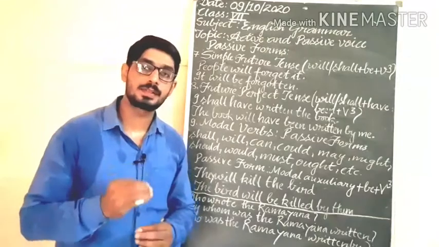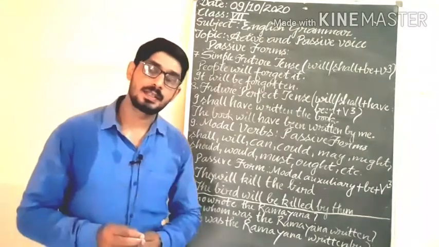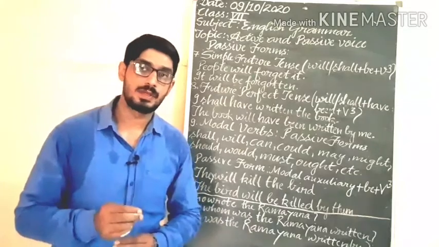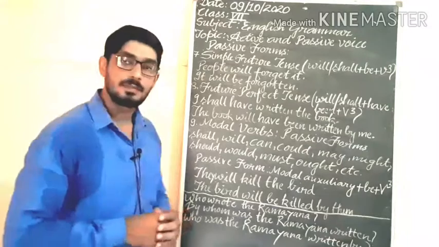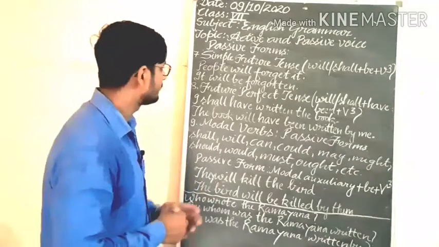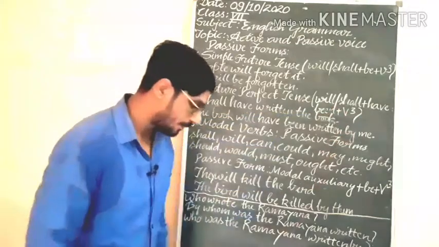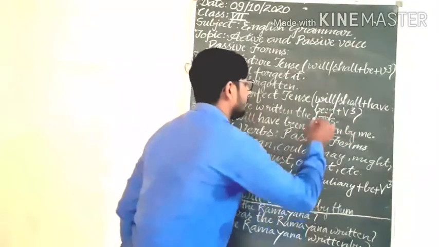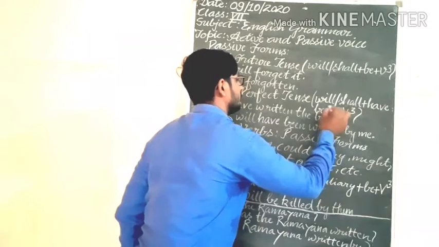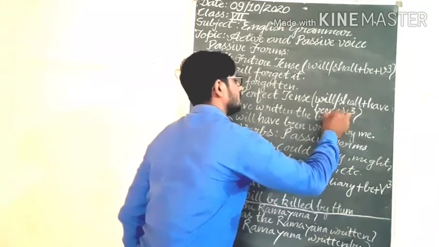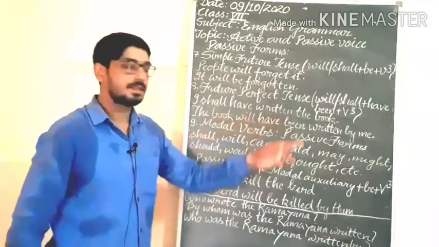Afterward, future continuous tense: we don't change future continuous tense into passive voice. Understand? Future perfect tense, we are coming to future perfect tense. Will, shall plus have plus been, B-E-E-N, been plus verb third form. I shall have written the book.